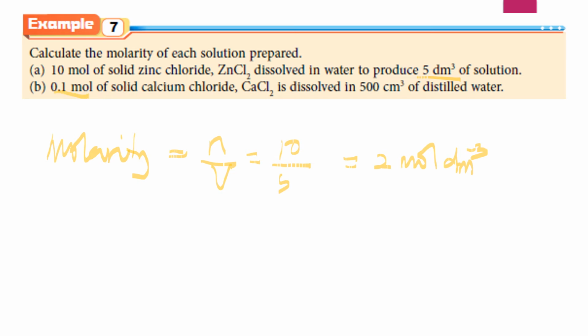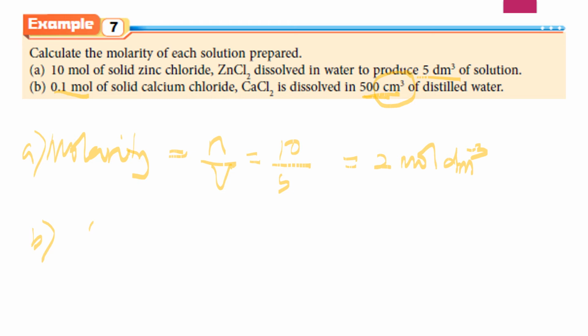Okay, second question, B. 0.1 mole of solid calcium chloride dissolved in 500 centimeter cube of distilled water. See, be alert with the unit centimeter cube. Same, this is B, just now was A. The formula is number of mole over volume.